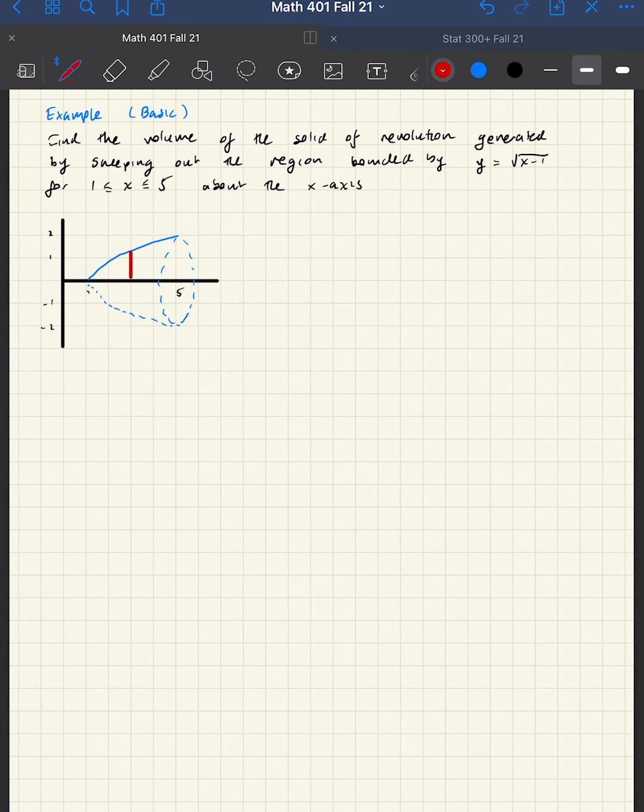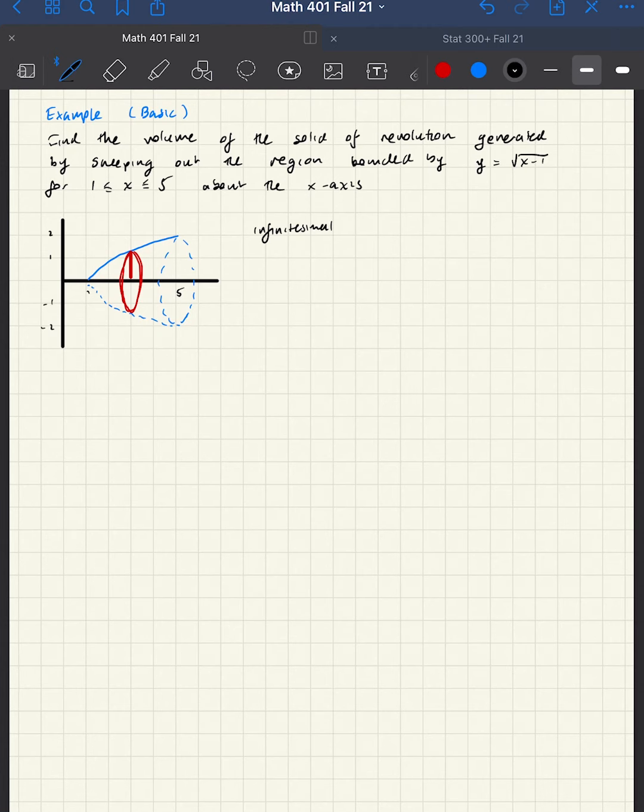And so again, let's think about our infinitesimal piece here. It's our disk that we're generating from sweeping out this rectangle, okay? It's really going to be a cylinder then, right? So our left endpoint is 1, our right endpoint is 5, and our f of x here is square root of x minus 1.